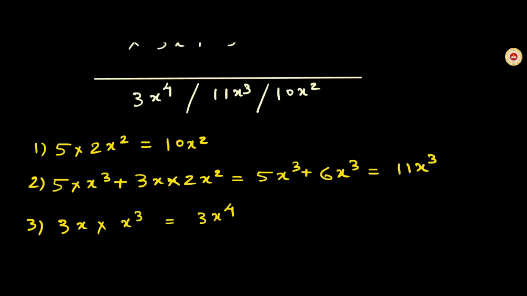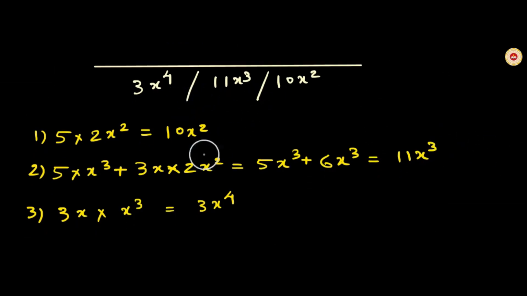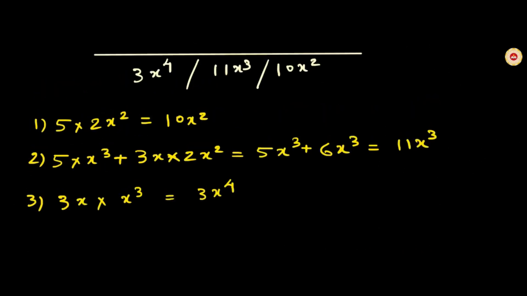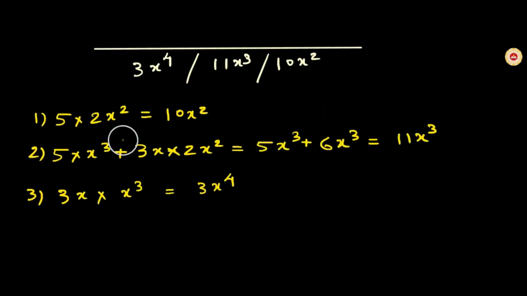Now let us write the answer by removing this separation. Okay, so right from the left side, what is the leftmost part? 3x to the power 4. Now remove the slash, remove the separation and write this second term with its sign. What is the sign? Plus 11x cube.